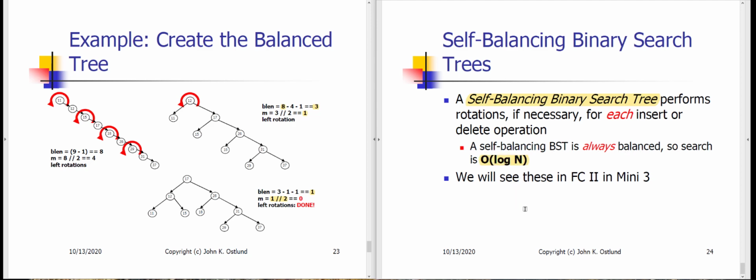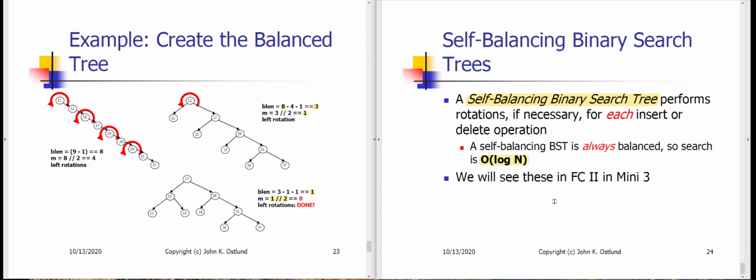And it turns out there are a variety of different self-balancing binary search trees that have different trade-offs in terms of how much rotating they do in order to get variously close to having a perfectly balanced tree.